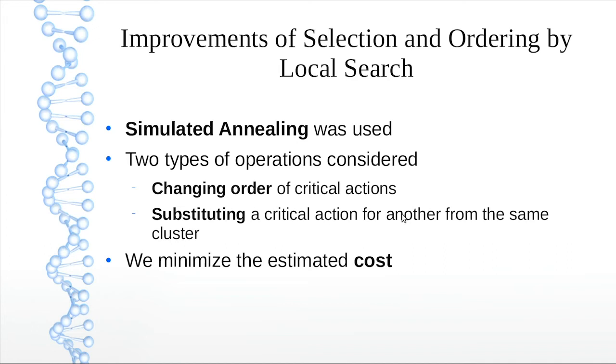One is changing the order of critical actions, for those critical actions that do not have a defined ordering constraint, or we can substitute a different critical action for the action from the same cluster. The objective function is to minimize the estimated cost of the plan, which is estimated in the same way as before.